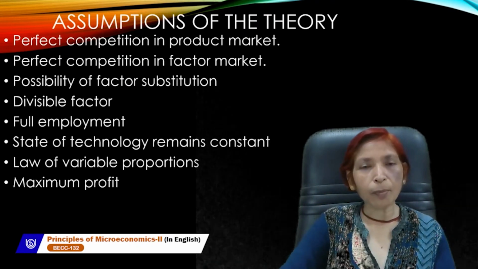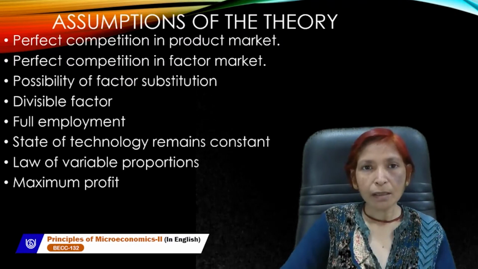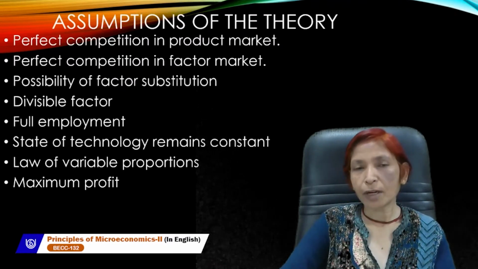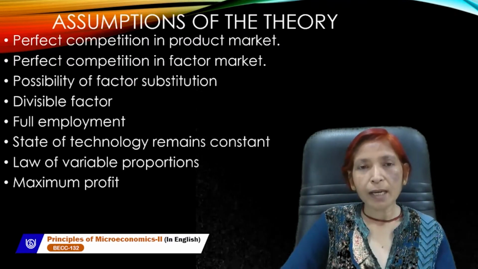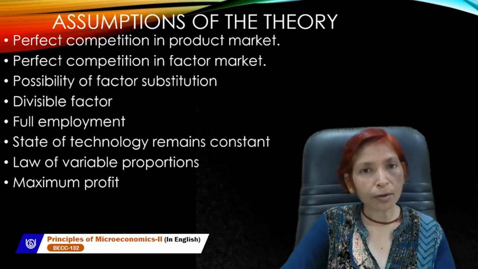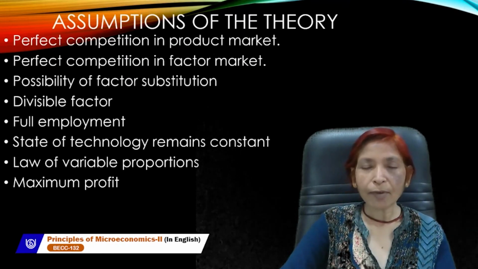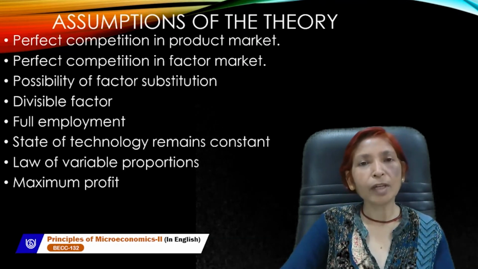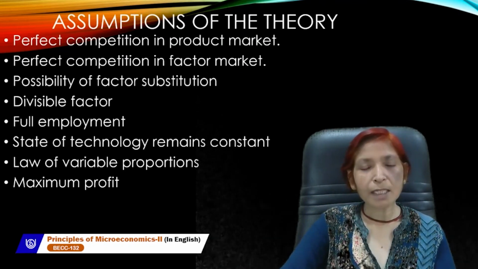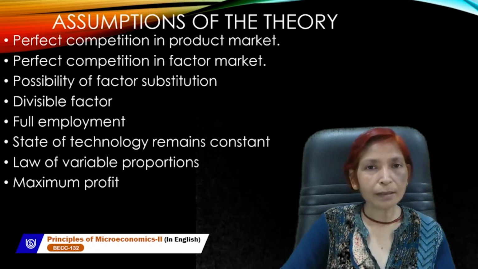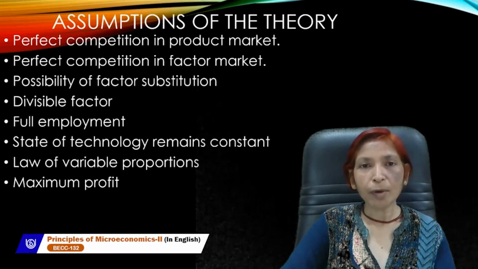This law of variable proportion is the main law of the production function, which applies only in the short run, in which some factors remain constant and some factors remain variable. We assume that land remains constant and labor is a variable factor.